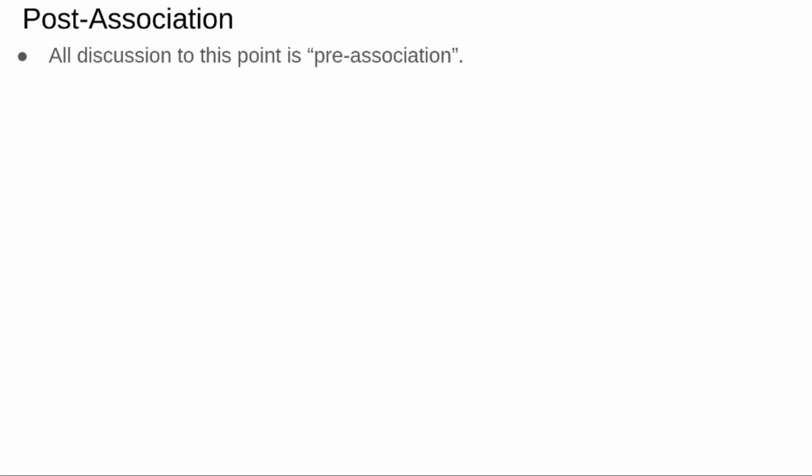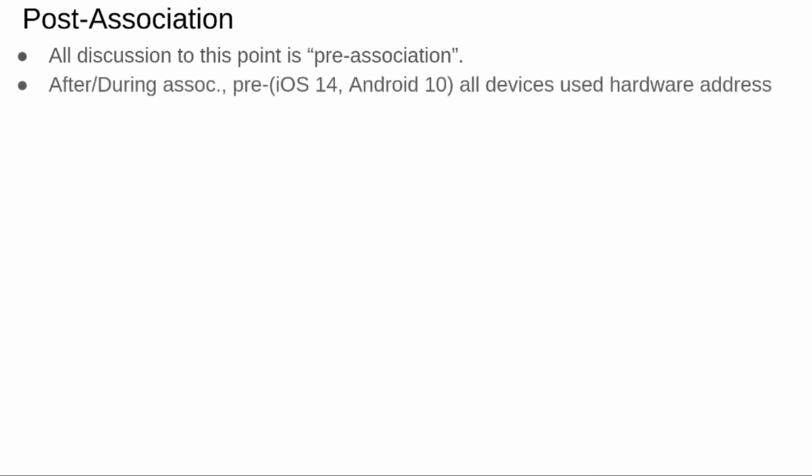So your device can be sending random addresses and be very good at protecting your privacy, but the moment it thinks it sees an SSID that you've connected to before, then it's going to immediately just start sending out your hardware address. And so that is what we call post-association. And until iOS 14 and Android 10, which are reasonably recent, sort of last year, all devices used their hardware address when they tried to associate. And so that's no longer the case in these modern operating systems.